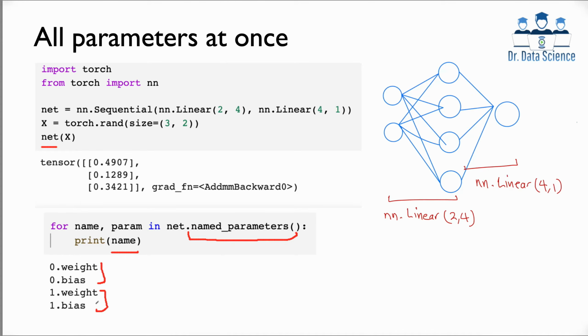So we have the numbers that show which layer they belong to, and then whether they are weight or bias. The weight and bias are separated from each other, which is very useful because, for example, you may want to initialize them in different ways and you don't have to worry about how to separate them. That's the nice thing here.